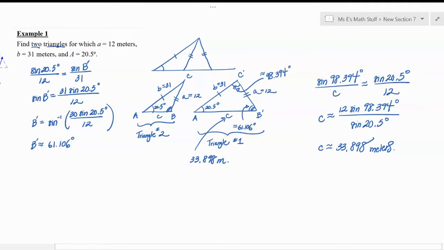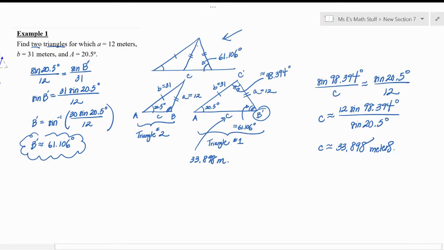Okay, so now let's look at triangle 2. So getting started on that. That's what this master picture here is for, to help you keep everything straight. So in the master picture, when we first found the measure of this angle B prime, we know that that guy is 61 something something, right?